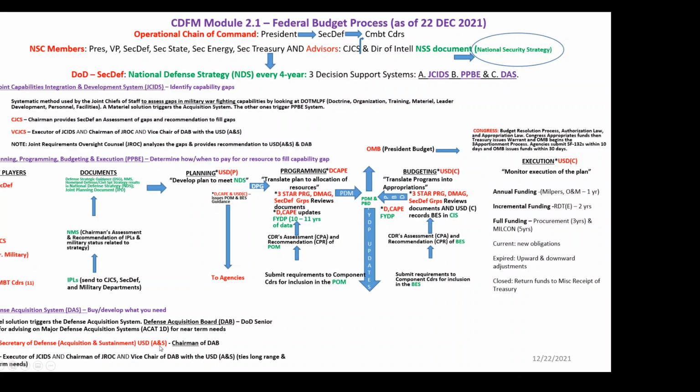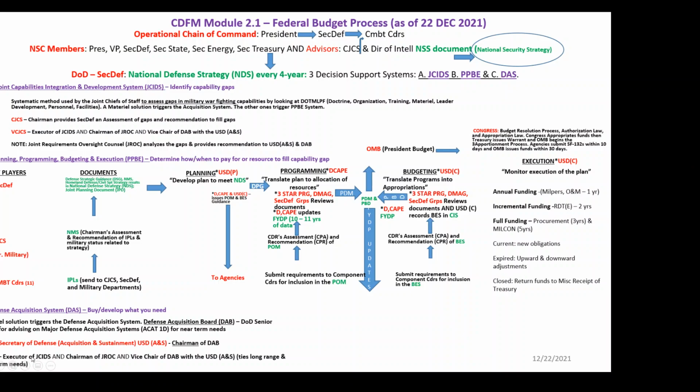And I think on the next click, I'll have the different changes that I annotated. So the chairman of this Defense Acquisition Board is the USD A&S. And remember, the vice chairman of the Joint Chiefs of Staff from up here, he is a co-chairman of the Defense Acquisition Board.